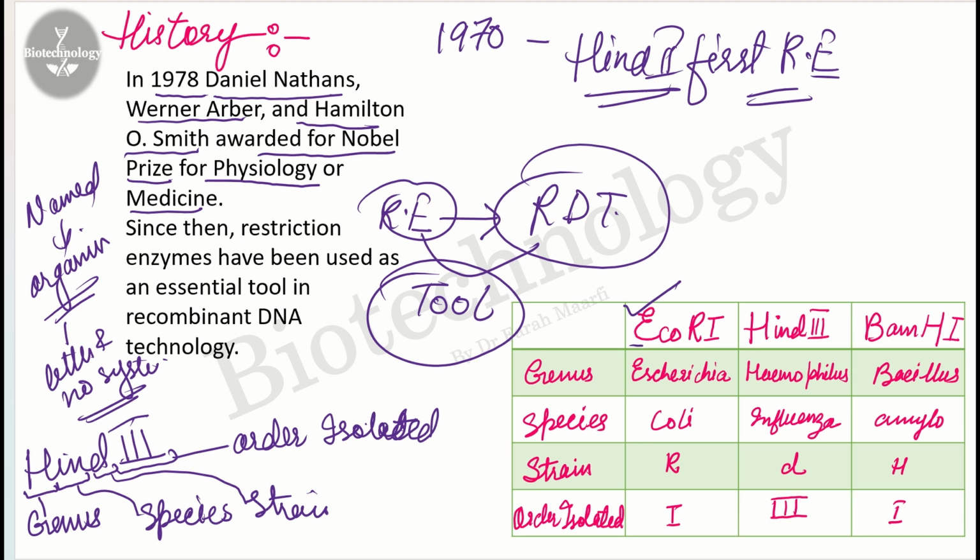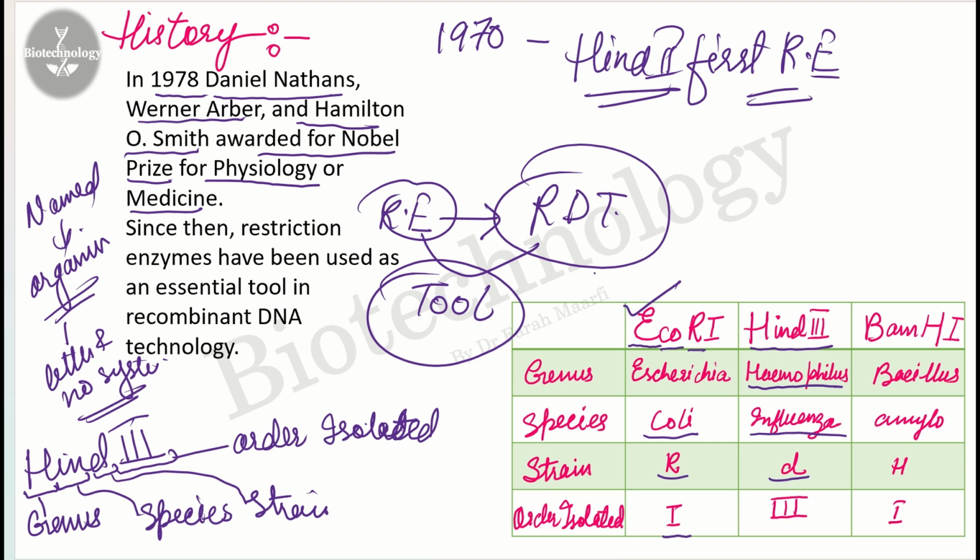In EcoRI, E is the genus, that is Escherichia, and CO represents coli. R here represents the strain, and I is the order of its isolation, in which order it is isolated from the particular organism. In HindIII, as we already discussed, H represents Haemophilus, IN represents influenza, D represents the strain.